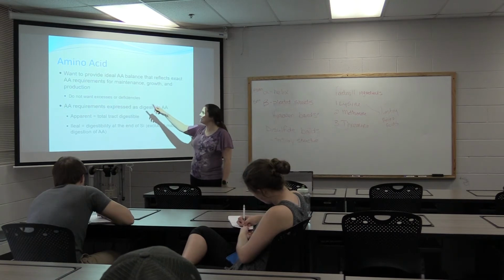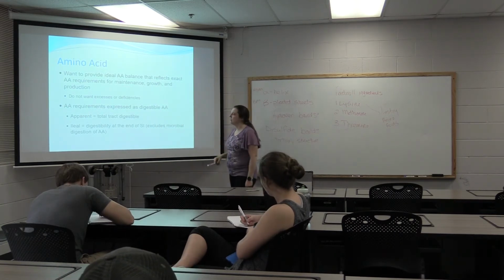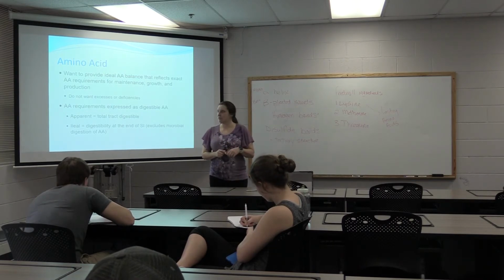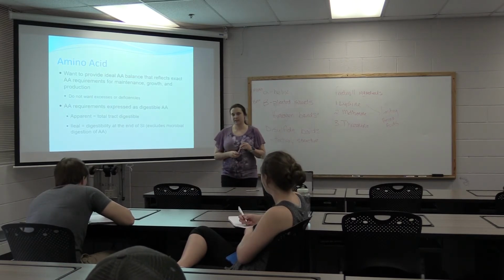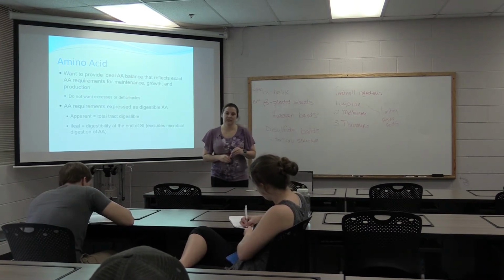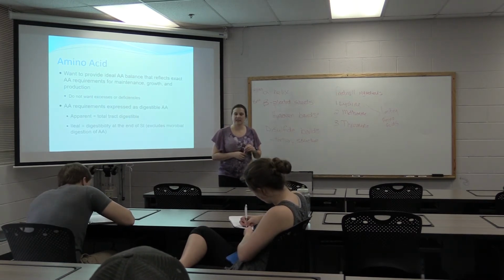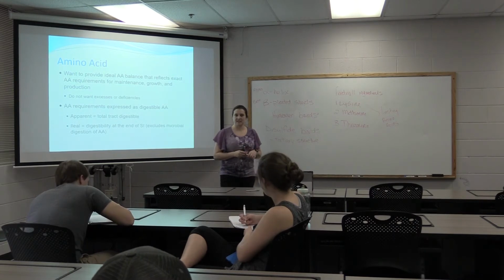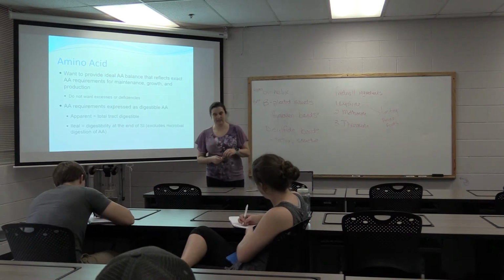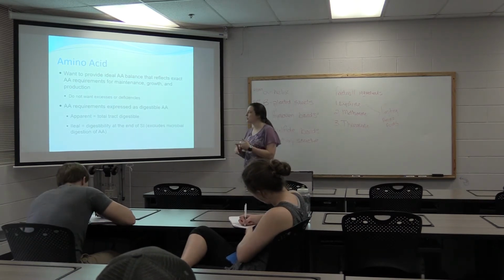We don't want excesses and we don't want deficiencies. Why don't we want excesses? We get the ammonia, and what else does that do to the diet? It makes it non-effective. It's more expensive is the problem. So it costs more.